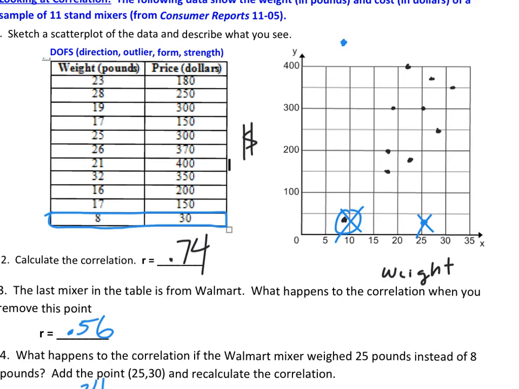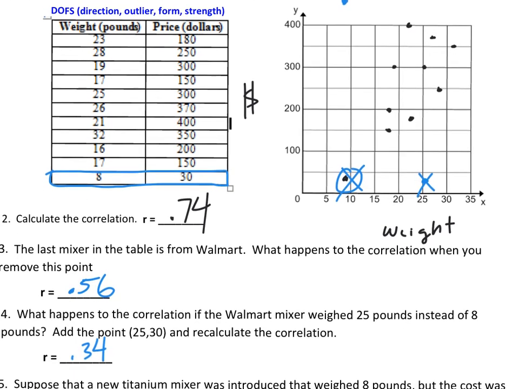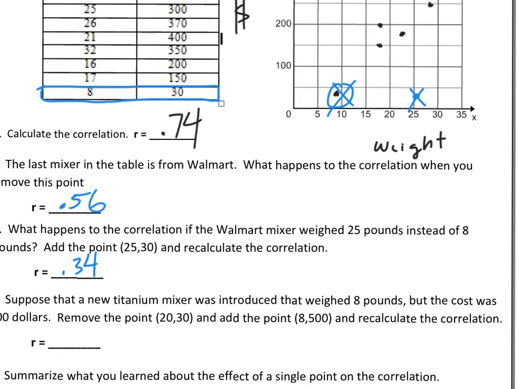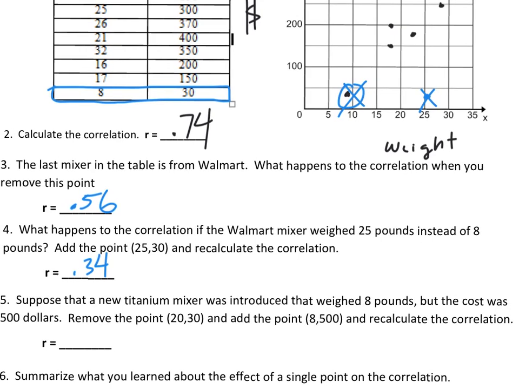Nope, 8 pounds, $500. The lightest and the most expensive. I go recalculate R. Negative 0.077. Okay? The association is virtually gone from messing around with 1 point. Okay? That 8-pound blender, if it was $500 instead of 30, our moderate positive linear association is basically gone.